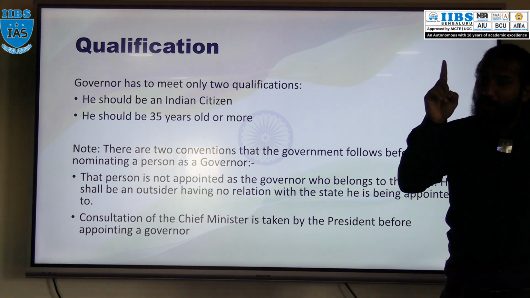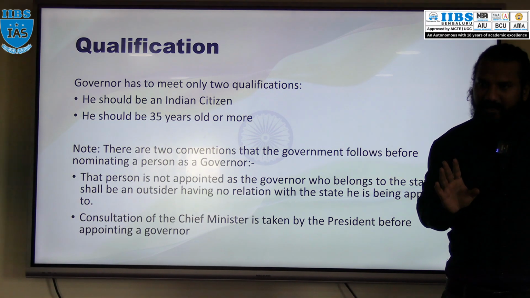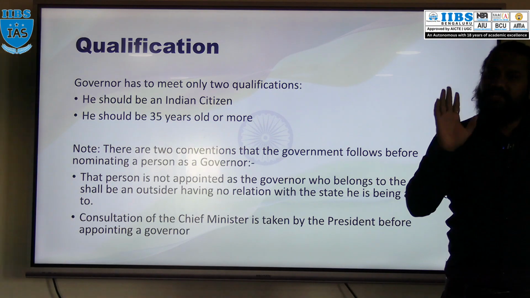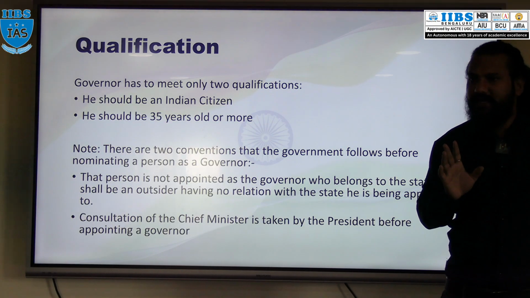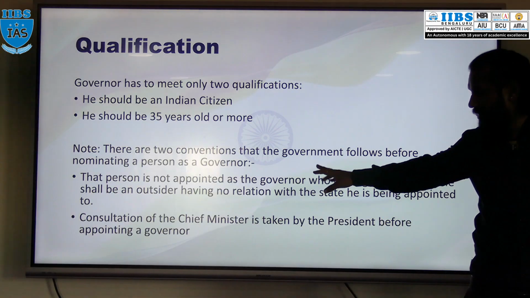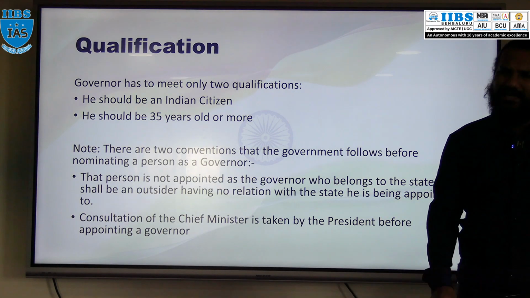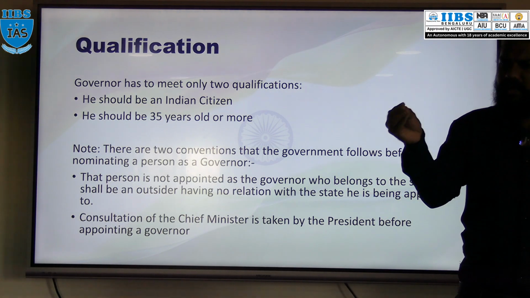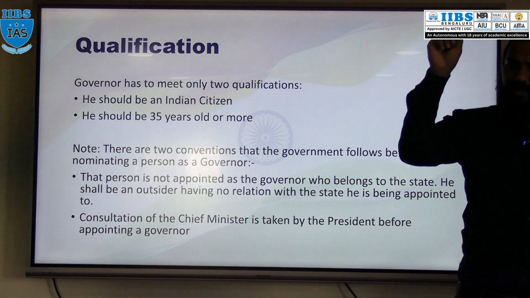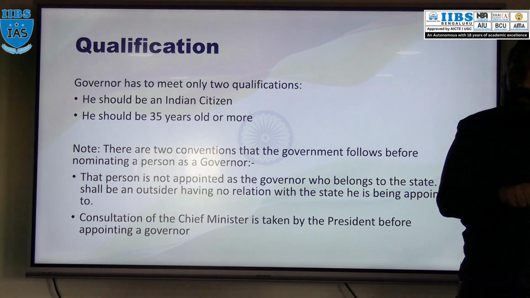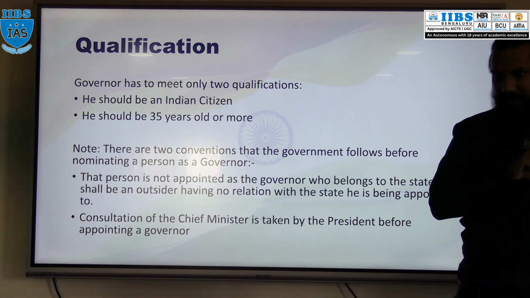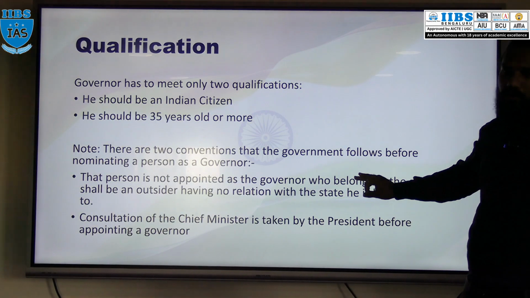And while appointing the governor of a particular state, consultation of the chief minister is mandatory. Take an example: if the president is appointing the governor to Karnataka, at that time the president should consult the chief minister of Karnataka. So these are the 2 conventions.